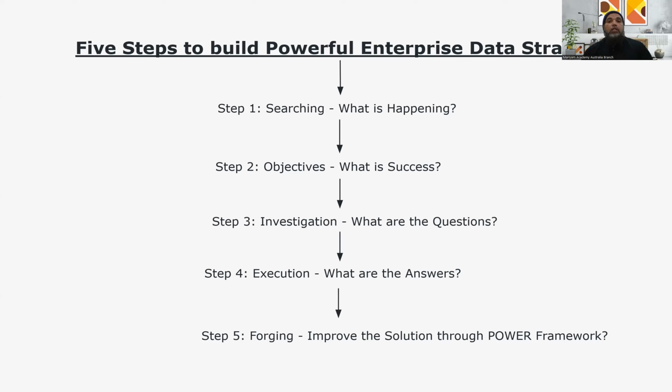Obviously, these days, every enterprise has a vision that they can manage the data efficiently. They can get the best of the data. They can make their decisions based on facts that have been built on the data. But obviously, what is missing in the whole framework is the strategy.